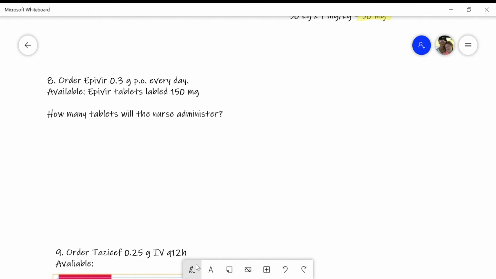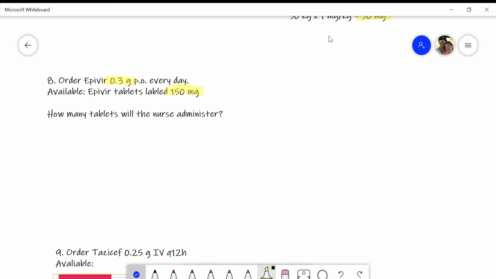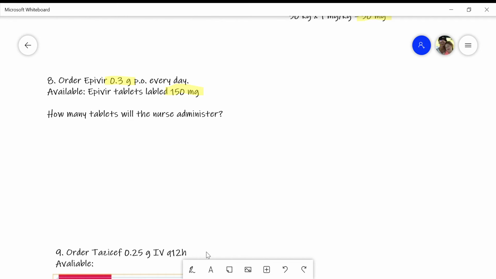And so for this one, let's see. Your order is 0.3 grams. Your tablets are 150 milligrams, so we've got to convert it. And like you said, we can either multiply by 1,000 or just move it over.